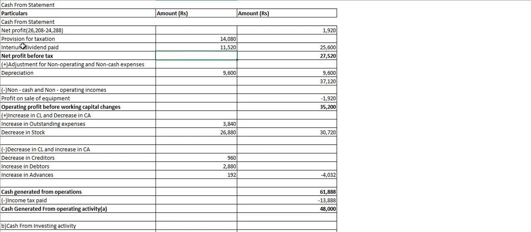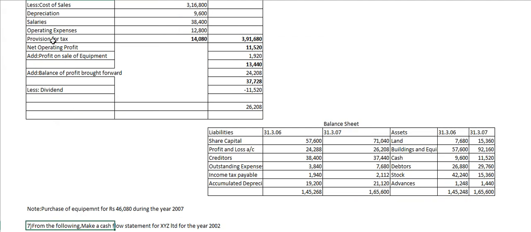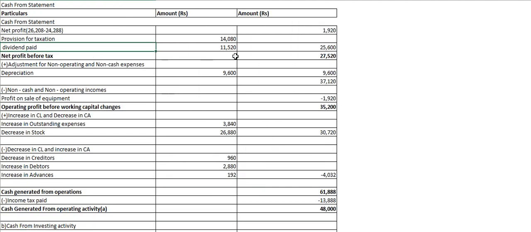And you have nothing but dividend paid during the year. So in the question, if you see, they have given the dividend paid during the year, which is 11,520. How do you basically get this? In the question itself, they have given dividend paid, which is in your income statement 11,520. So 11,520, you will add it, you will get 25,600.